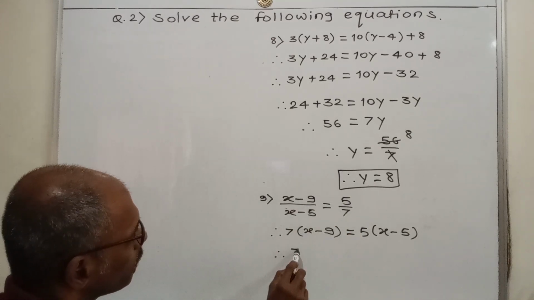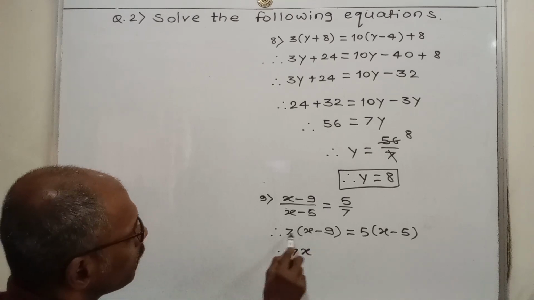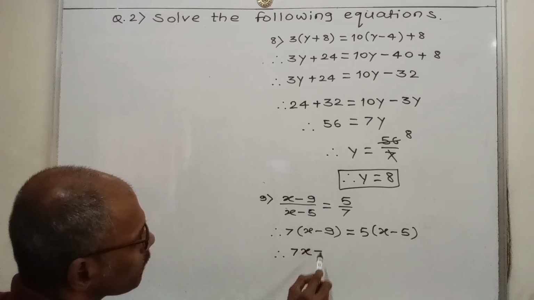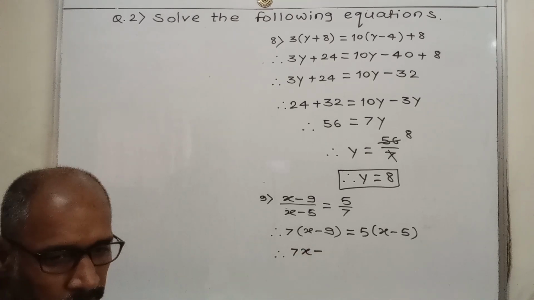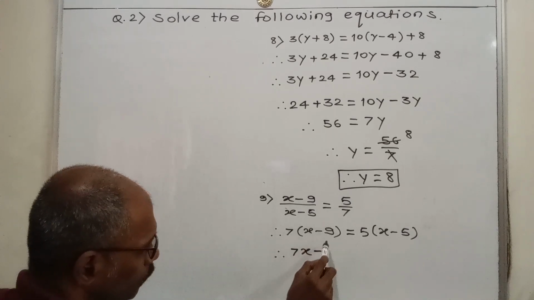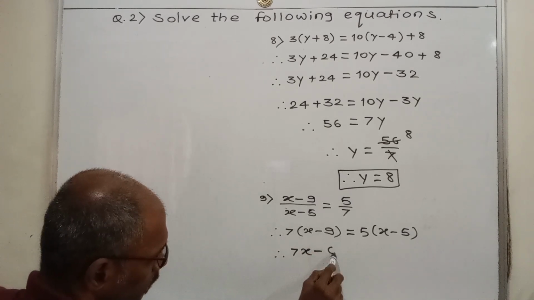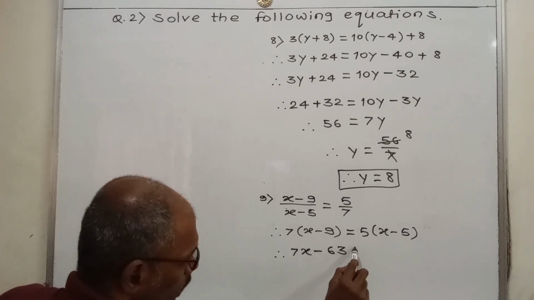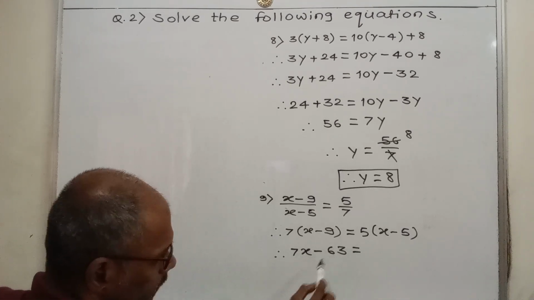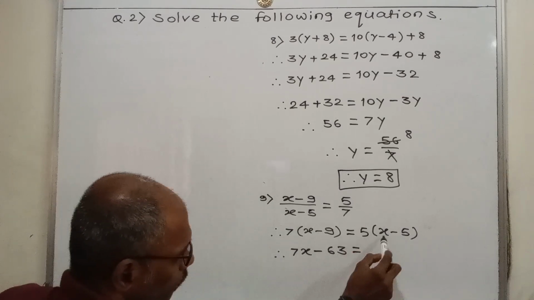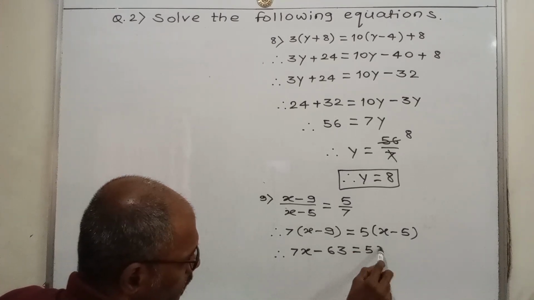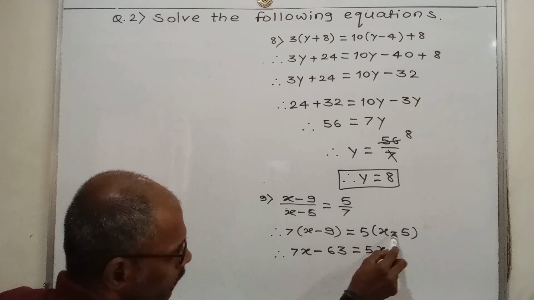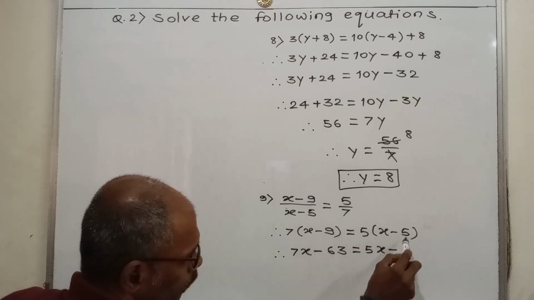Therefore, 7x. Here plus minus. Plus into minus, 7 into 9. Okay. Is equal to, means 7x minus 63 is equal to 5 into x, 5x, plus into minus, 5 into 5.